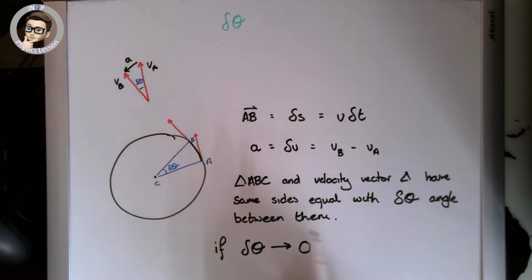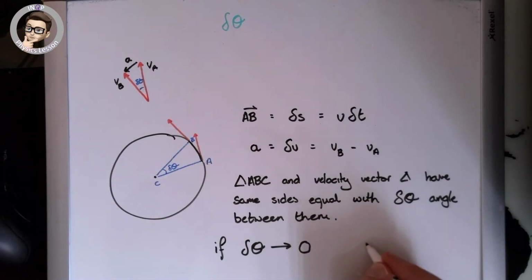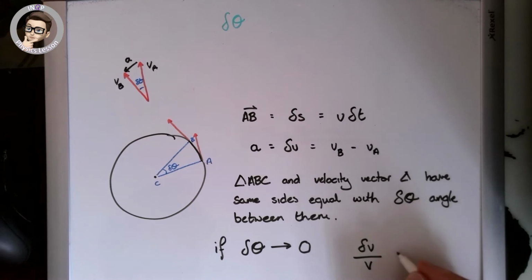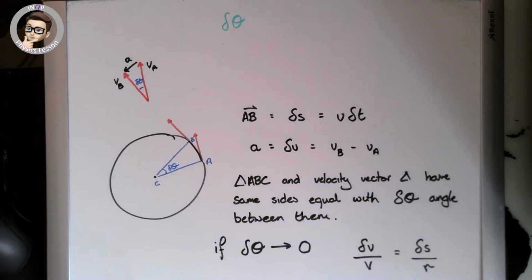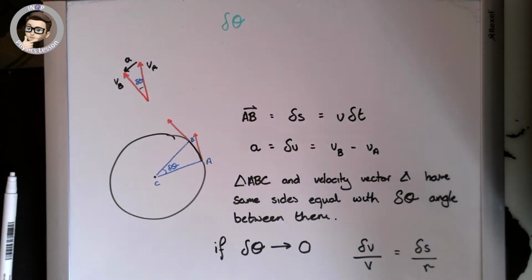Well, if delta theta tends towards 0, then the change in my velocity divided by my velocity is going to be equal to the change in my displacement divided by my radius. And you kind of have to prove it to yourself why that is.